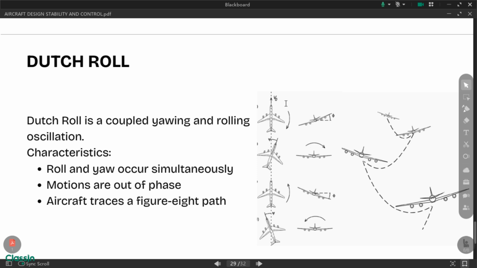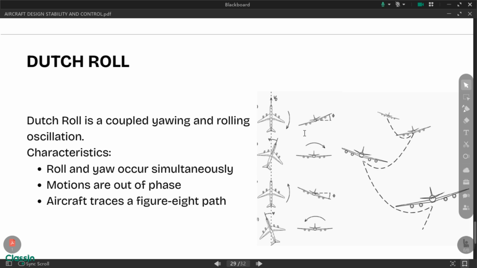Again, this phenomenon occurs because our lateral and directional stability are interacting with each other. Each of them is trying to go back, no? And by doing that, it affects the other: the directional stability affects the lateral stability. So as the aircraft attempts to correct a yaw disturbance, the corrective action would produce a rolling motion, no?